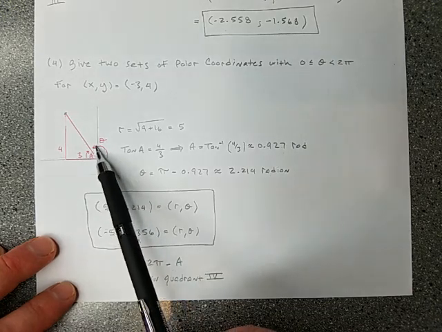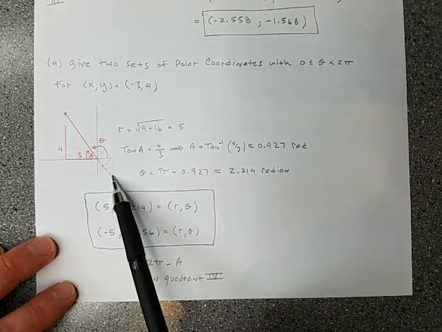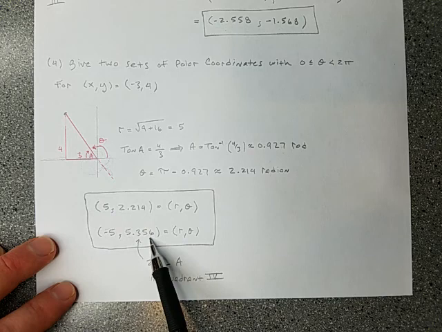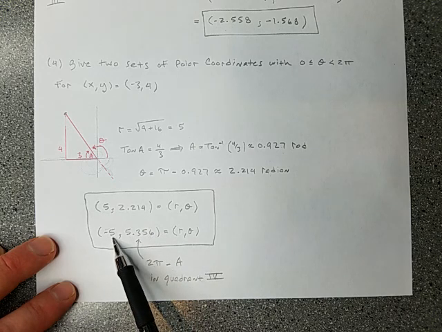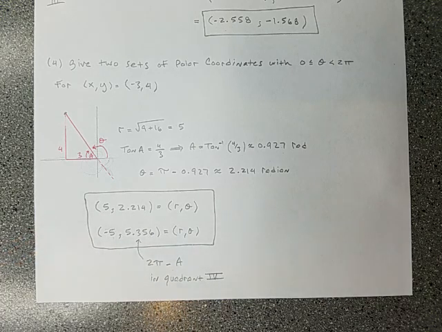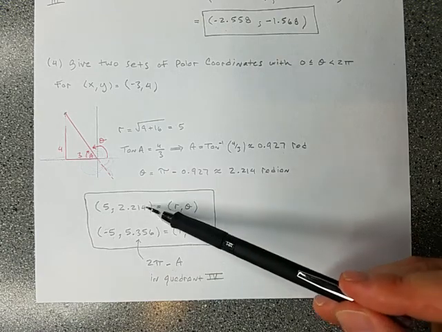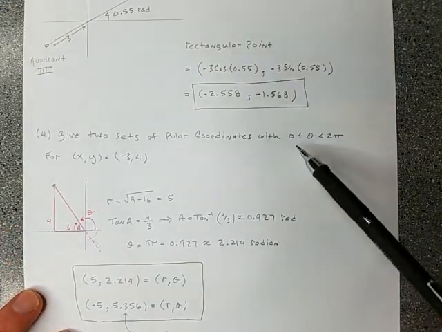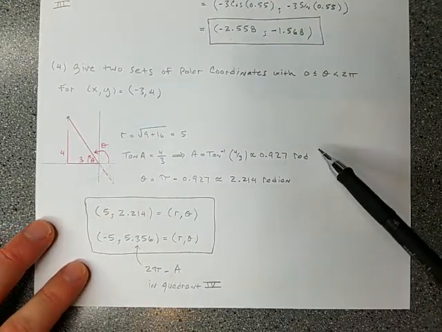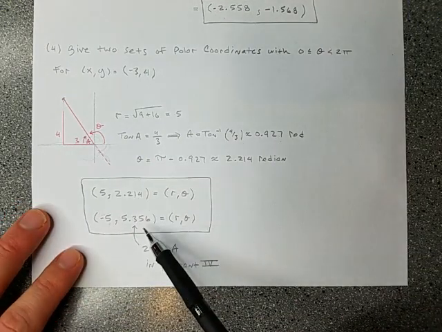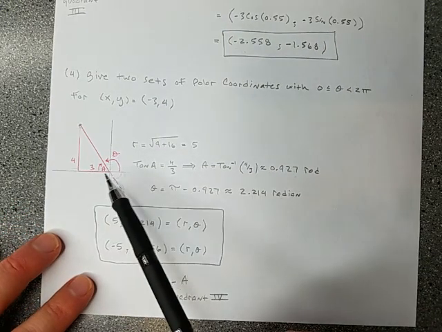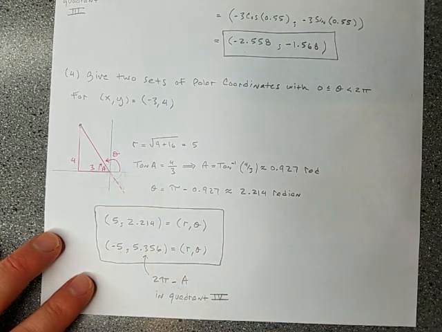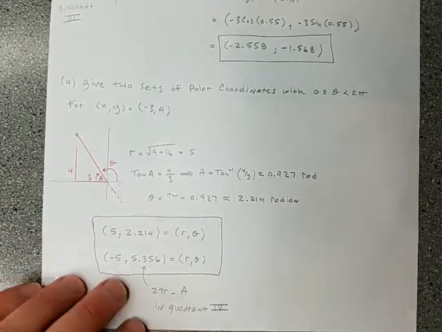So if you dial in this angle right out there, quadrant 4, 5.356 radians, r would need to be negative. So r is negative 5 in that case. So there's two coordinates, two different angles, each between 0 and 2 pi. All right? One in quadrant 2, the other in quadrant 4. All based off of finding that initial angle in that triangle. Okay, so that's question 4.